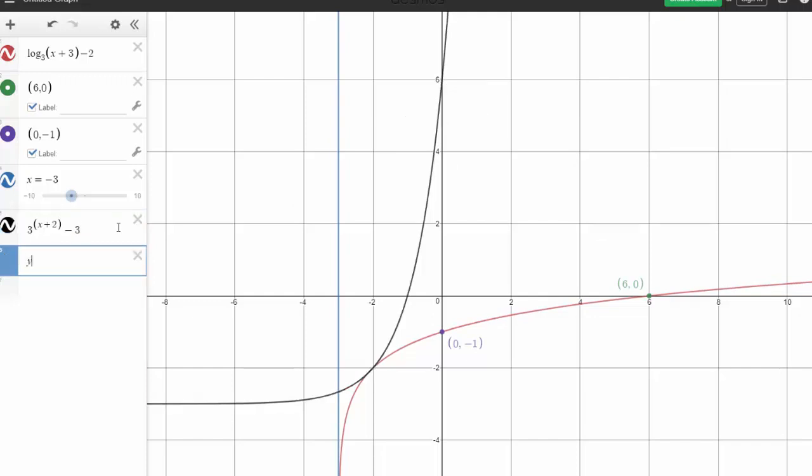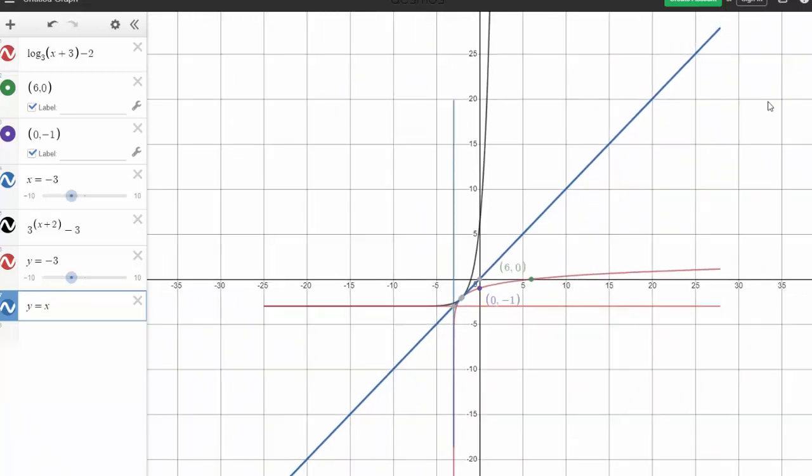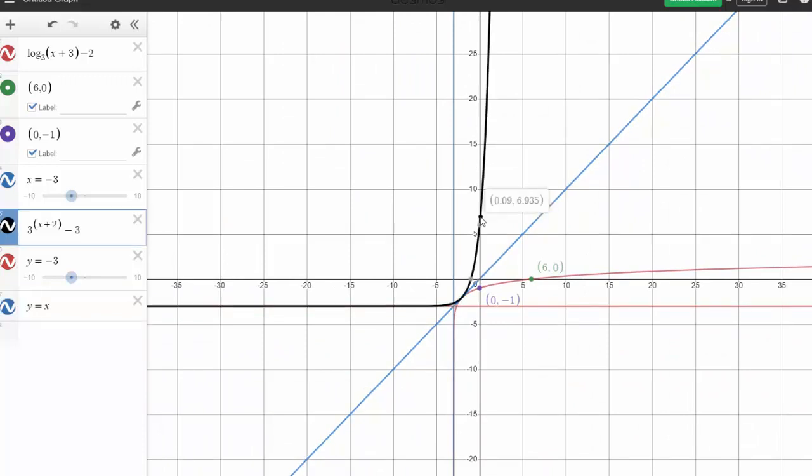We can also see that the line y equals -3, the red line right here, is a horizontal asymptote for the black curve, that is the exponential function, the inverse function that we have. And if you want, you can also graph the line y equals x to see the symmetry between the two curves, especially as they extend to infinity.